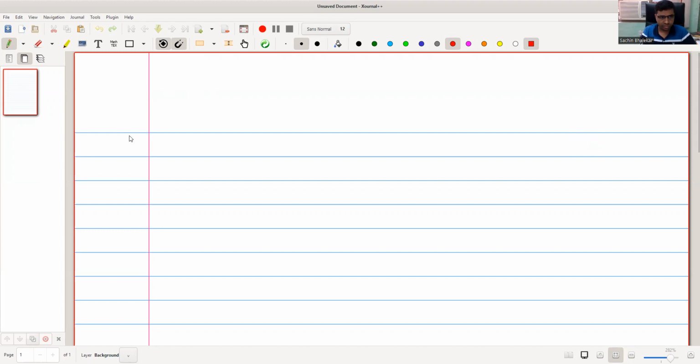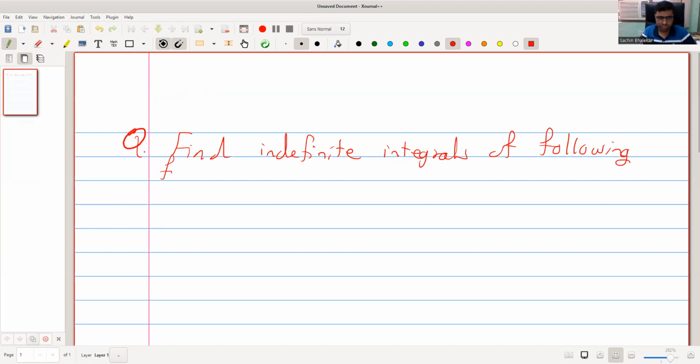The question is: find indefinite integrals of the following functions. Or the question can be: integrate the following functions.